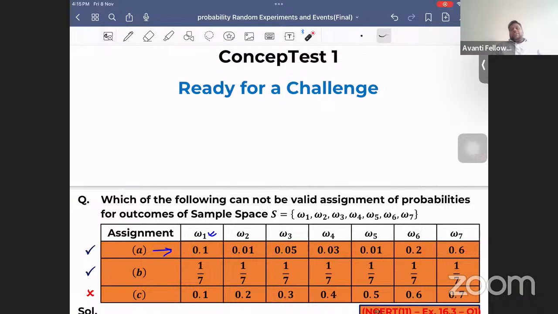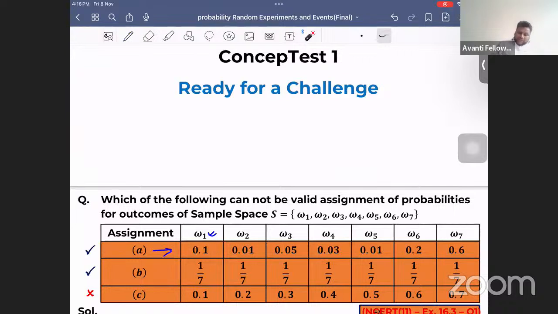See, how do we judge if this assignment of probabilities is possible or not? Yes, Mr. Rohit told it very correctly. You have to add all of them. If their sum is 1, that means the assignment of probabilities is correct. If their sum is not 1, the assignment is not correct.